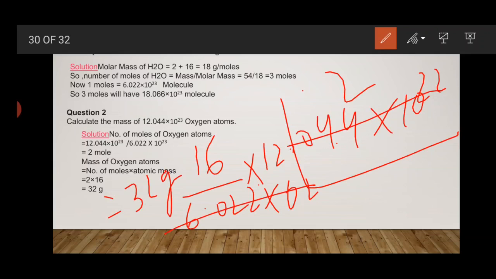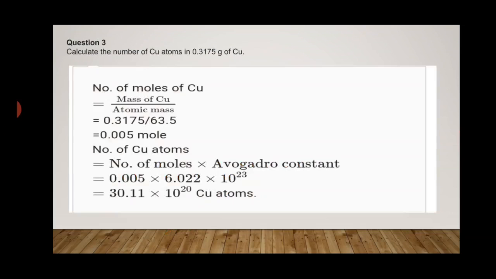So it will come 32 gram. Now let's see some more examples.